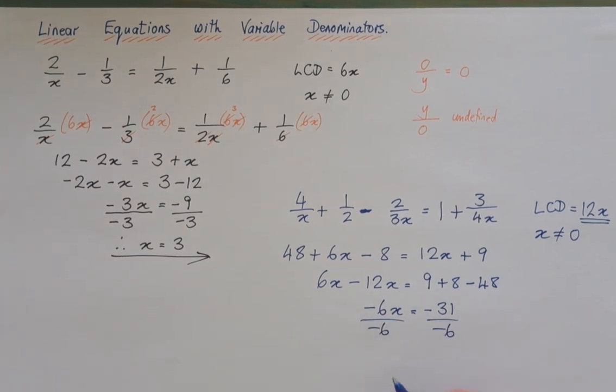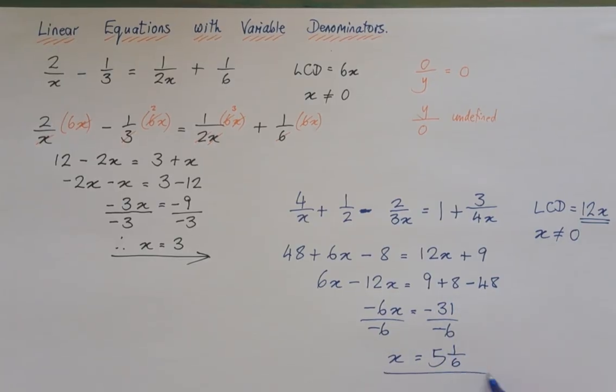Divide by negative 6. So x is equal to negative divided by negative is positive. 6 goes into 31 5 times. I've got 1 left over. So that makes the fraction 1/6. And don't worry if you get an answer of a fraction or a mixed number. It can happen. Just be careful when you do that calculation.